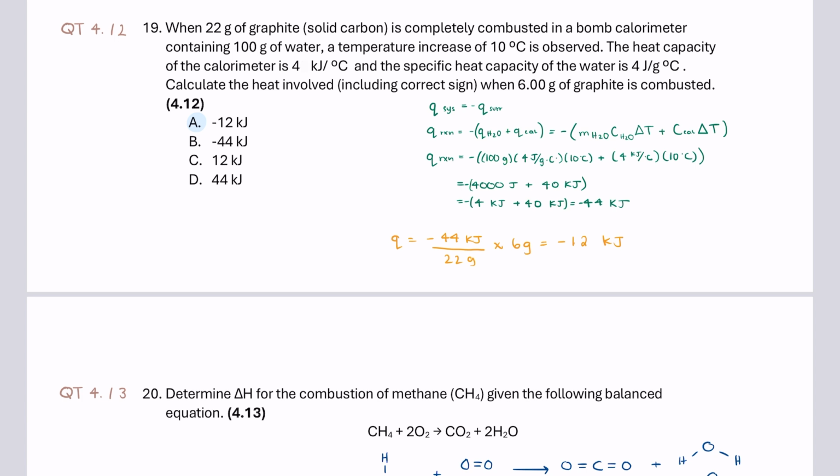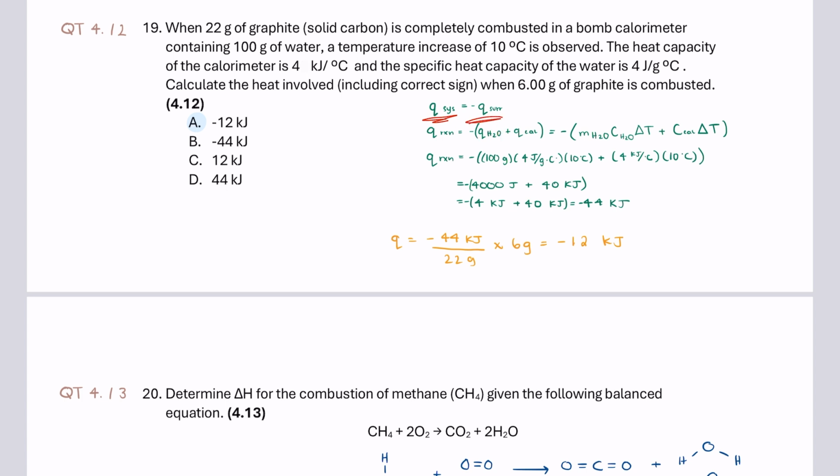This is a bomb calorimeter, which means we're measuring the heat released by the combustion reaction indirectly by tracking how much heat was absorbed by the surroundings. In this case, the surroundings include both the water and the calorimeter. Since energy is conserved, the heat that's released by the reaction equals the negative of the heat absorbed by the surroundings.